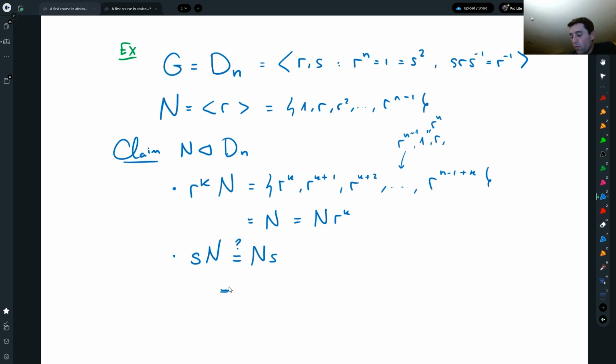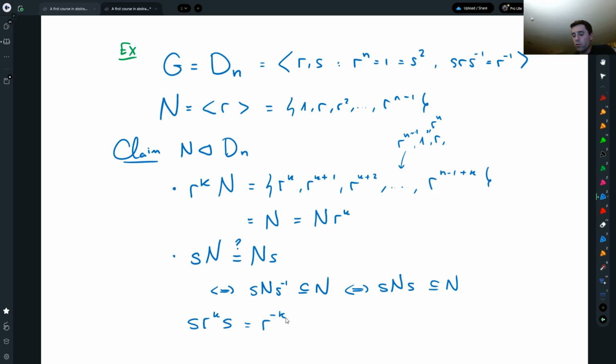But what we saw is that it is enough to prove that s N s inverse is contained in N. But s inverse is itself, so this is the same as s N s being contained in N. Now notice that s times any power of r in N, times s, is r to the minus k.